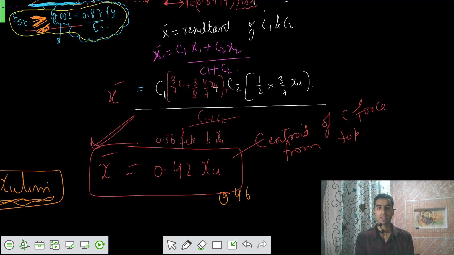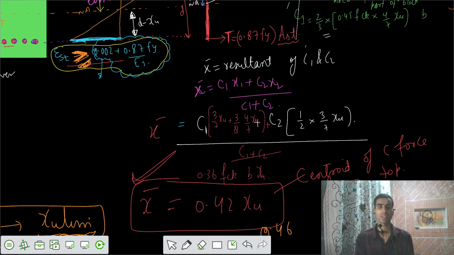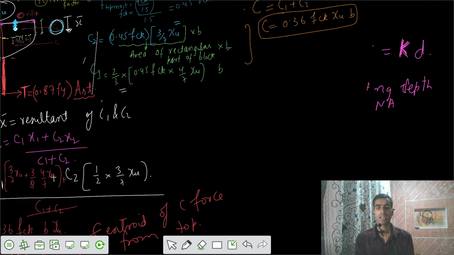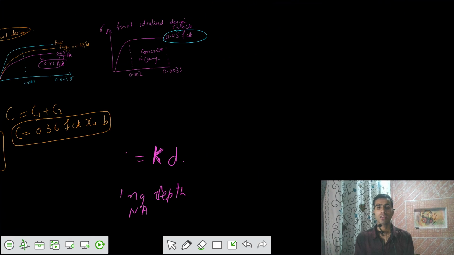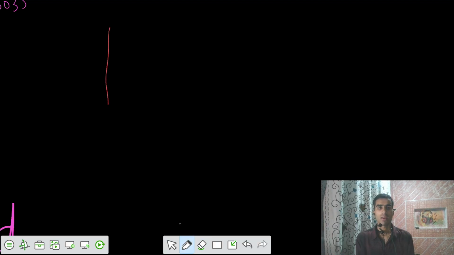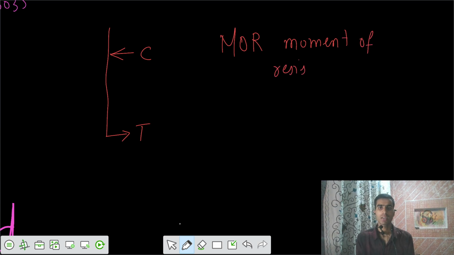So once we got the C force and we also have the T force, can we use the internal couple method? Internal force method or internal couple method? If there's some C force acting at some particular location, and there's one more force T acting, can you say there's some moment developed that we call the moment of resistance of the section?